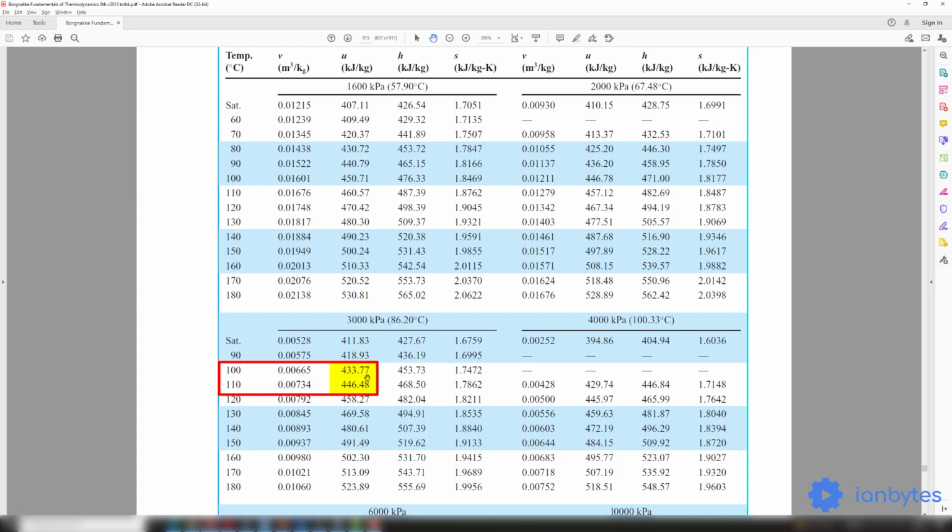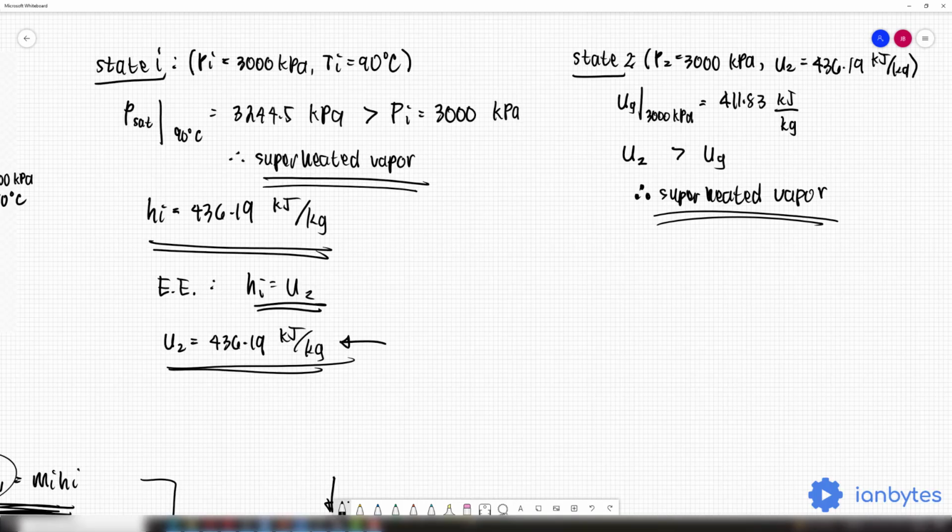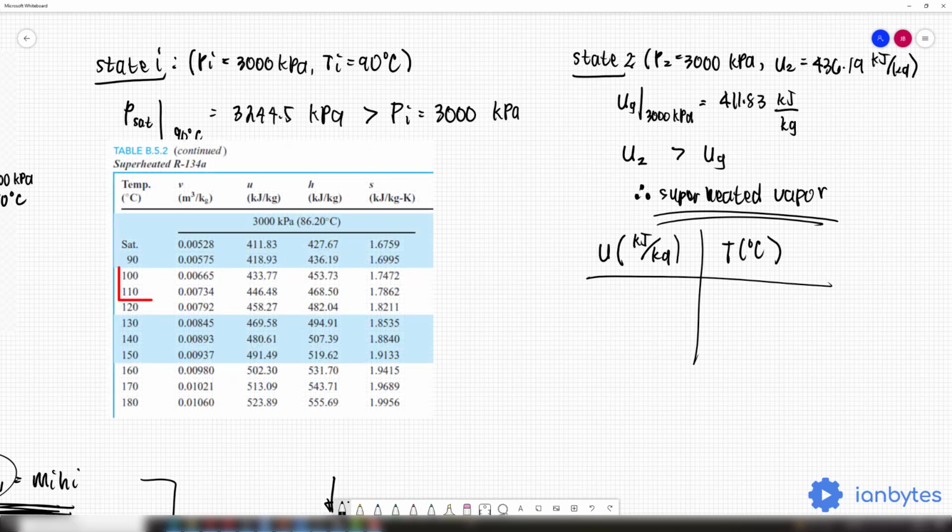Let us just write down the values of interest for u and their corresponding temperature values. We have our internal energies in kilojoules per kilogram, and we have our temperatures in degrees Celsius. So, kopyahin ko lang yung values na ito from our thermodynamic tables.